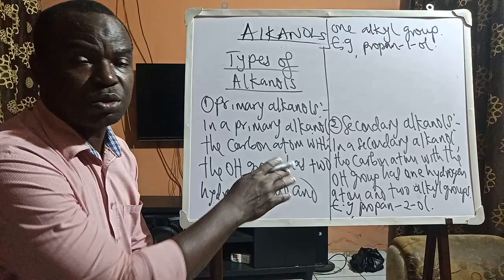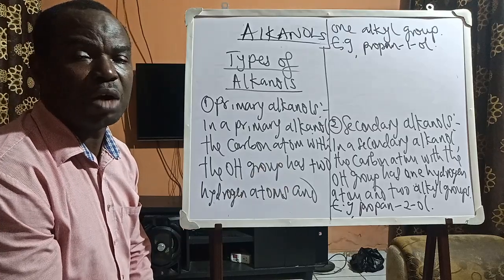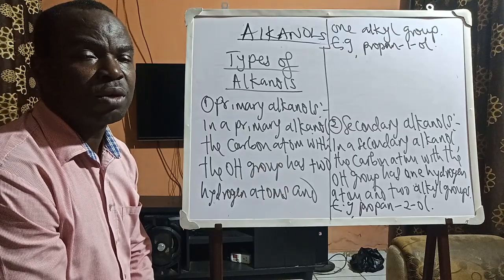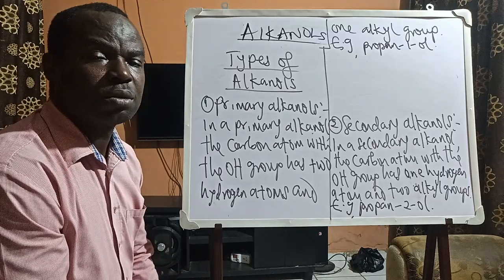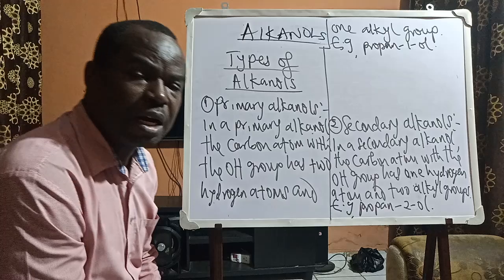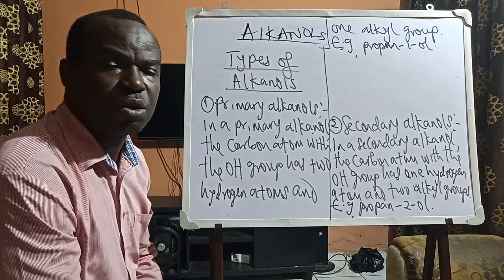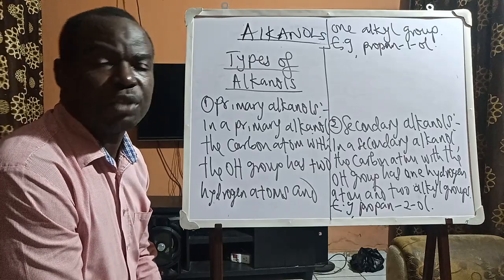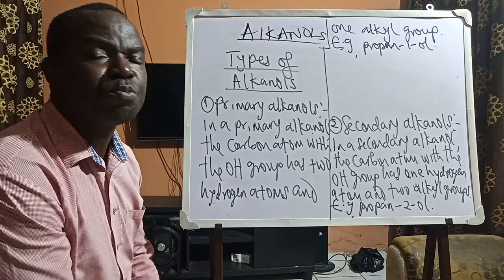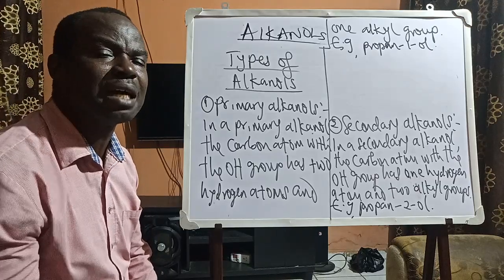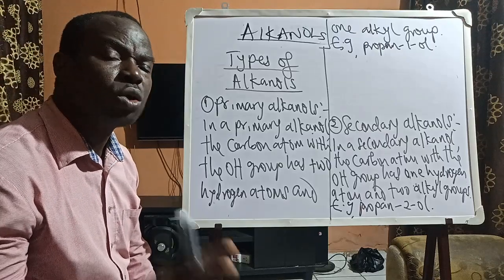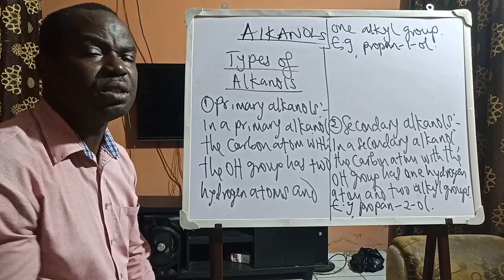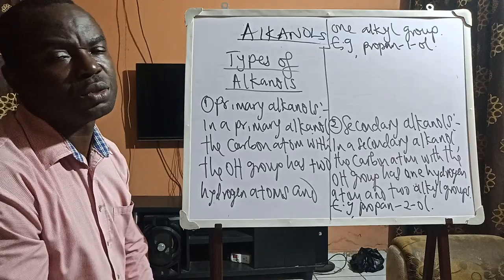I've made a short writing here, but I will explain. Now, we have three types of alkanols. We have primary alkanols, we have secondary alkanols, and we have tertiary alkanols. So please pay very good attention so that you'll be able to understand what each one means in full details and how to give examples.